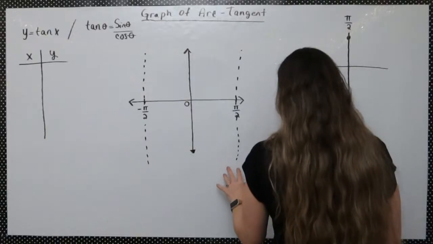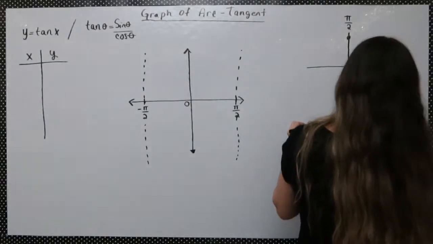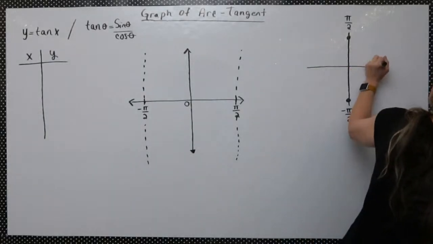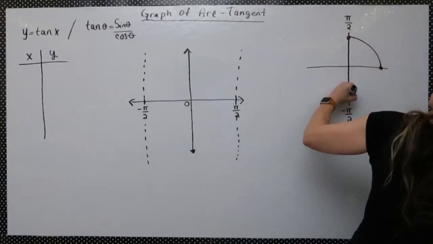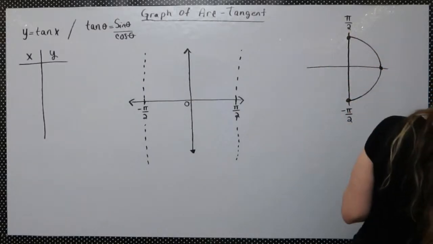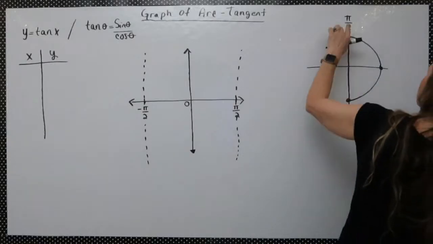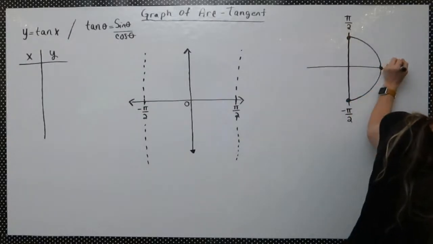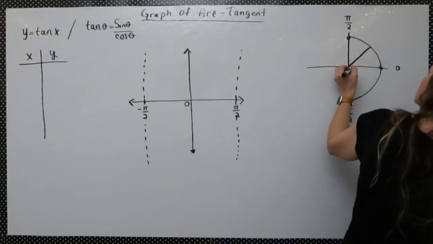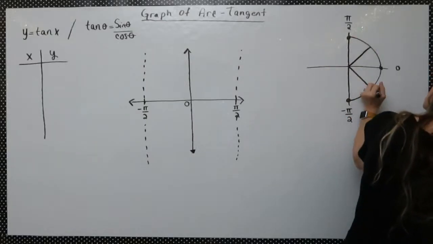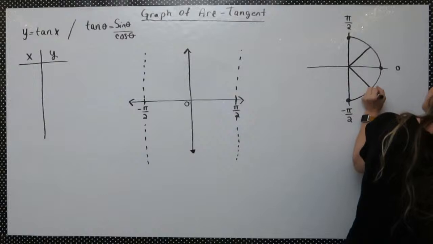So we'll go ahead and put these values in here because this is what I need. We've got this part of our unit circle, going from pi over 2 to negative pi over 2. We've got 0, and we're going to figure out all of these angles in between. And I think we need about 5 clear points.